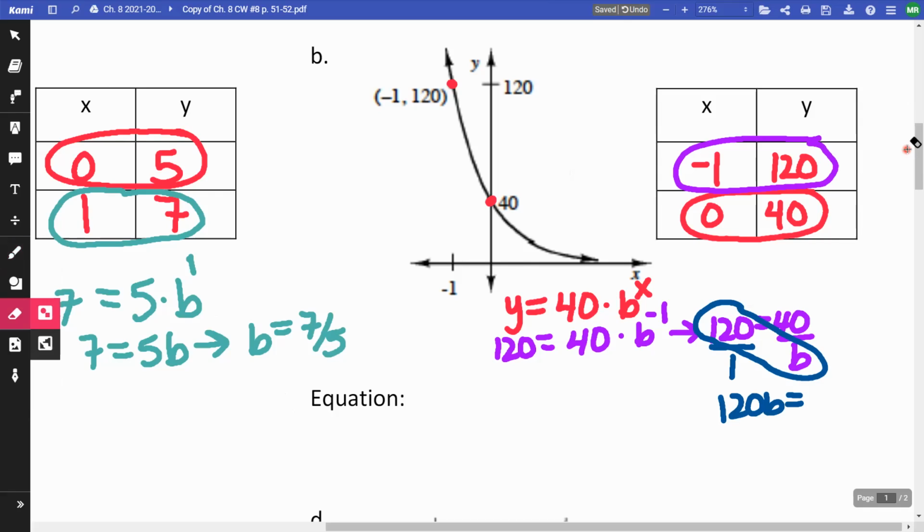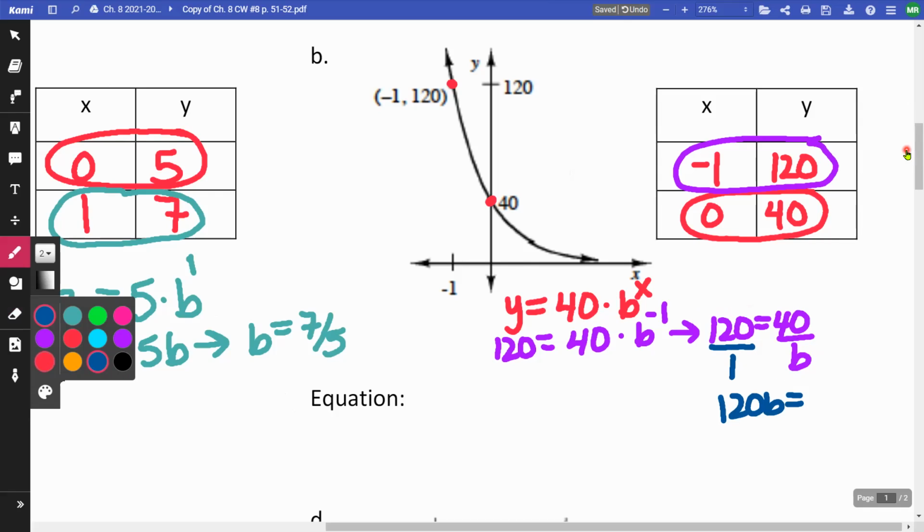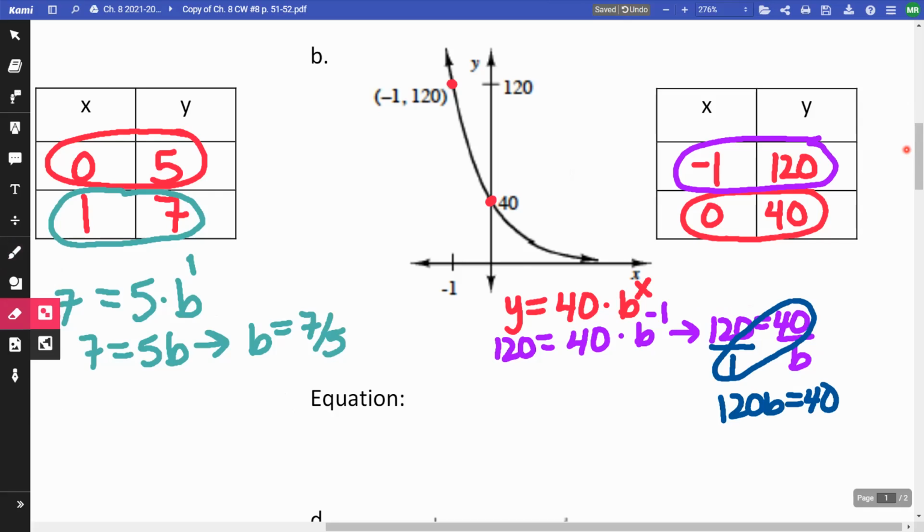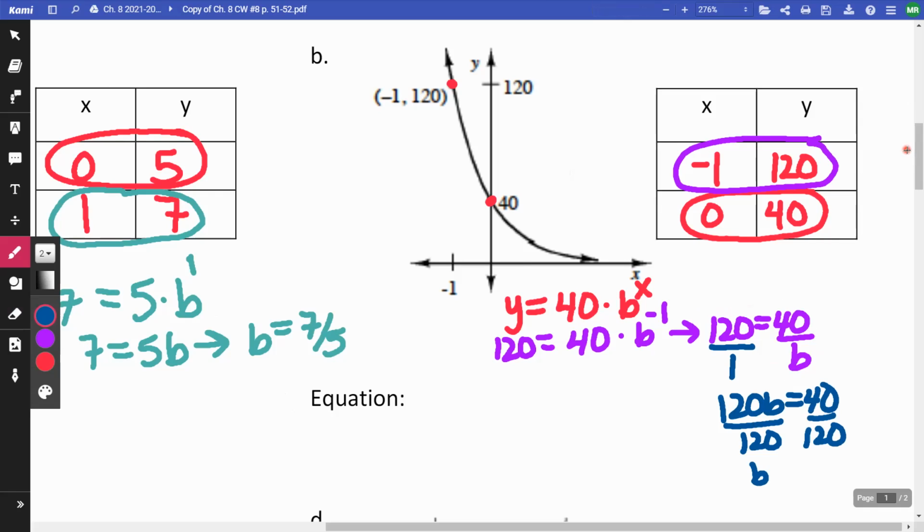Okay, and then I'm going to multiply 1 times 40, which is going to be 40. And when I work that out, I'm going to divide by 120, and I get b is equal to 40 over 120, which can reduce down to 1/3.